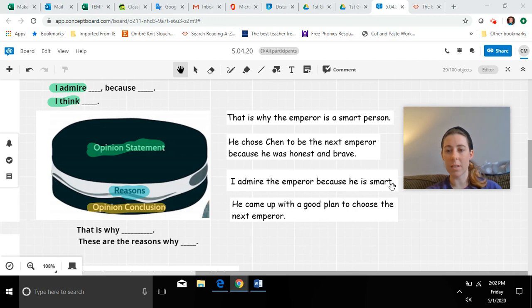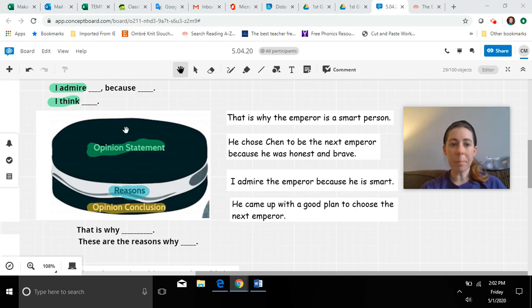Okay, there's a character trait, smart. And then the last sentence. He came up with a good plan to choose the next emperor. Okay, so these are all scrambled up. They're mixed together. We have to put them in order.